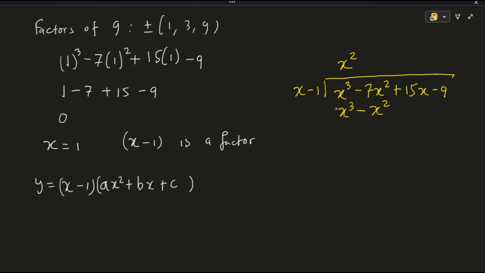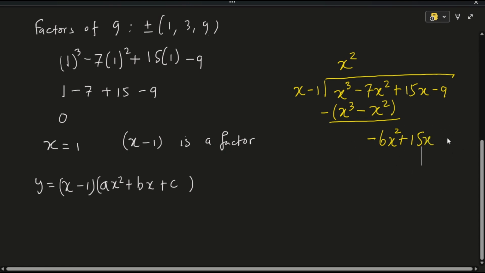Then we're going to subtract the product from the dividend, and we're going to get, and we're going to bring down the next term. Then the same procedure is going to repeat itself.